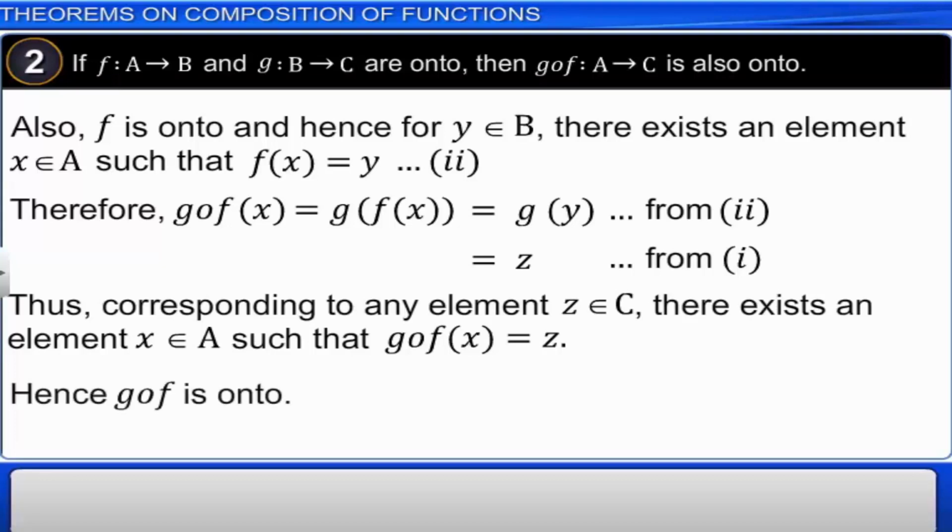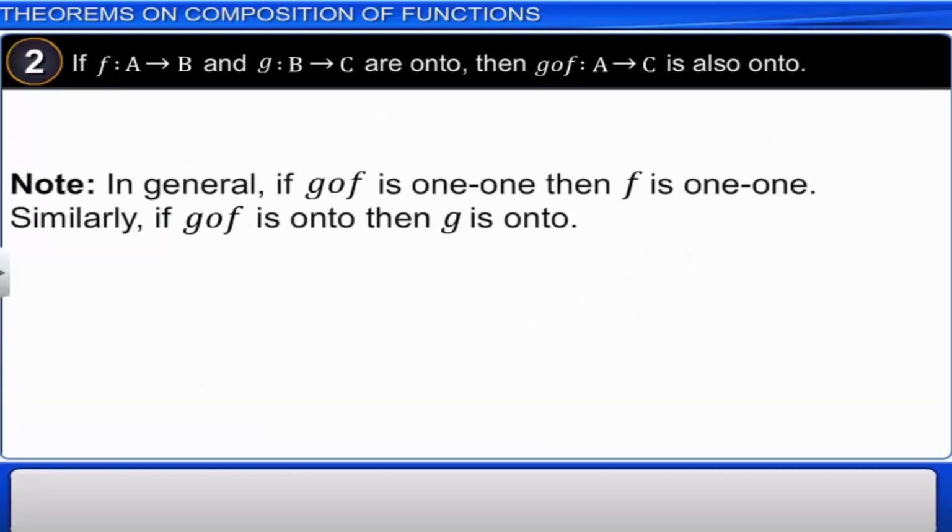Hence, the composition of f and g is onto. Please note that, in general, if the composition of f and g is 1-1, then f is 1-1. Similarly, if the composition of f and g is onto, then g is onto.